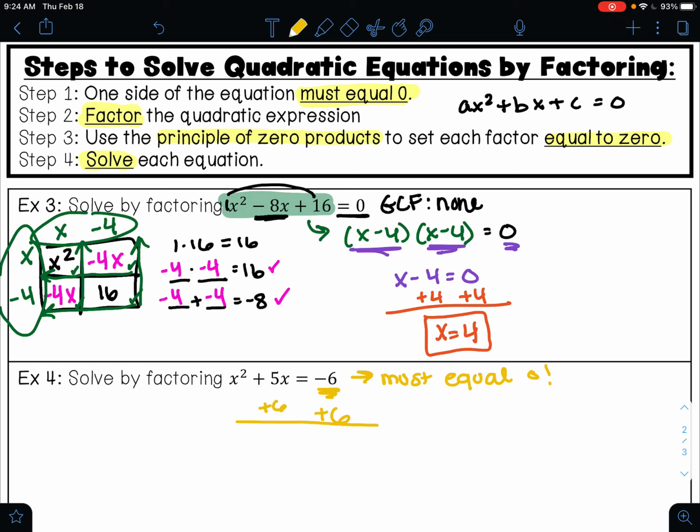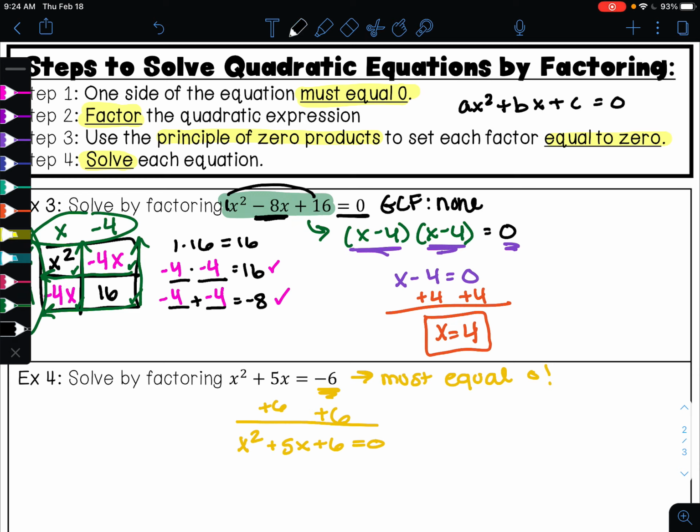So I'm going to add 6 to both sides and get x² + 5x + 6 = 0. Now that it equals 0 on one side, I can factor this expression. Remember that 6 did not have a like term with 5x and x², that's why I just wrote it in standard form.